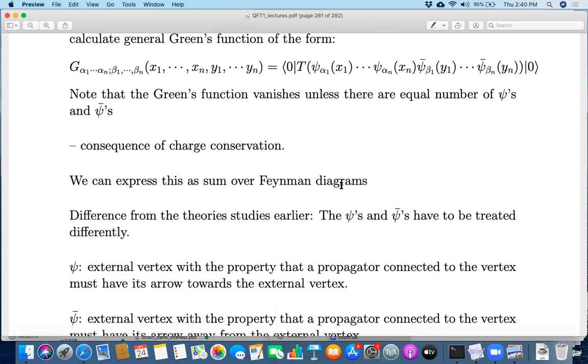The proof I leave to you as an exercise; it is the same proof that worked for the Klein-Gordon. Basically, you write each psi in terms of B and D dagger, each psi bar in terms of B dagger and D, and then you have to take all the B's to the right one by one, and what you find is that you pick up the contribution from each pair at a time. That's why it's given by a sum of Feynman diagrams, a product of propagators.